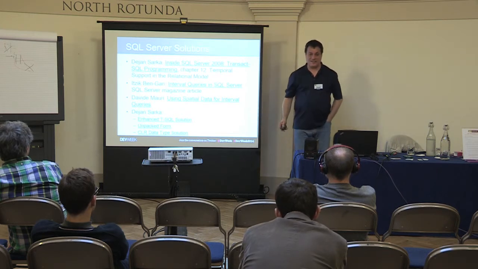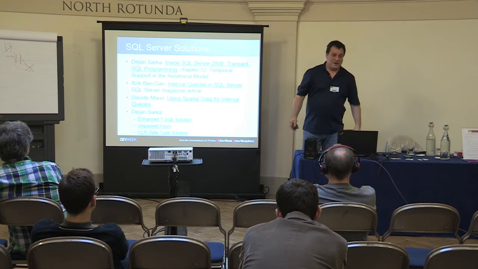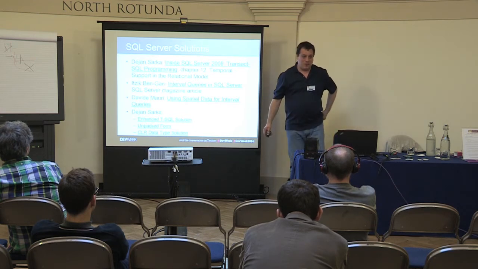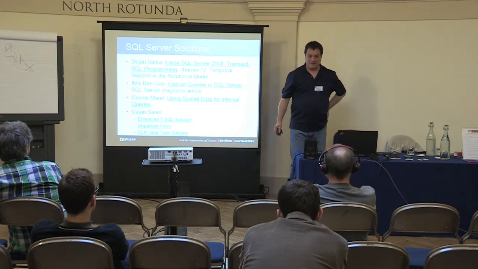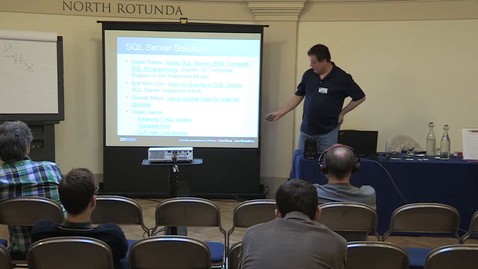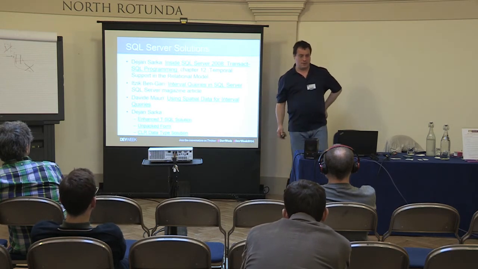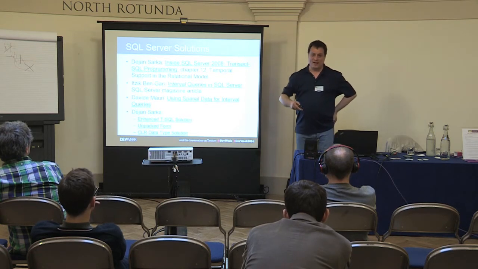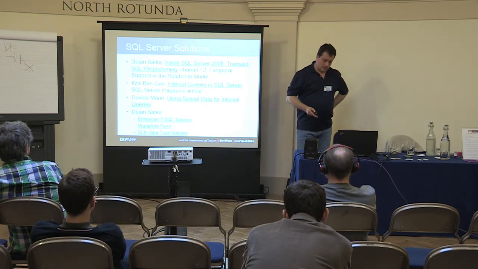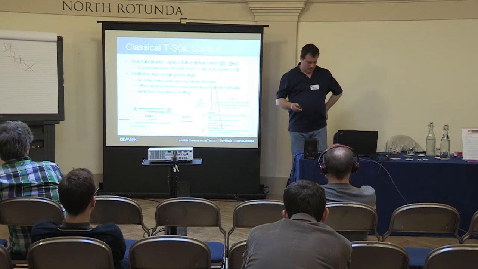This is slightly going away from the original problem, using spatial data in the library. And then last year I found more solutions for optimizing this. And this year I'm working on another solution.